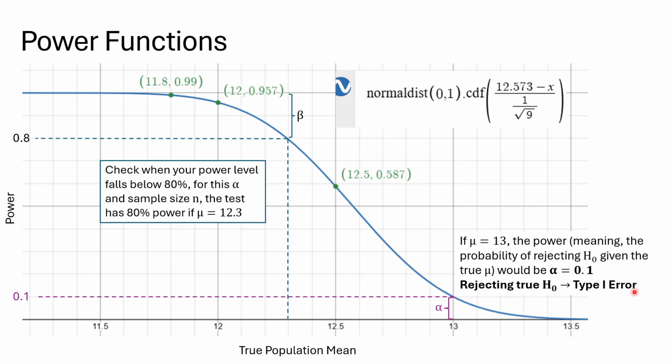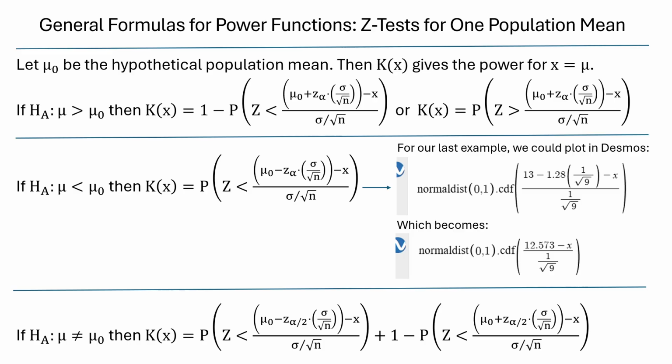That is a type 1 error. So that gives us exactly alpha, which from the problem we know should be 0.1, and we're happy to see it exactly is. Now, just in case you need them, I present the general formulas for power functions. These are for the z-test for one population mean specifically. You'd have different formulas for other tests, but you can always derive them.